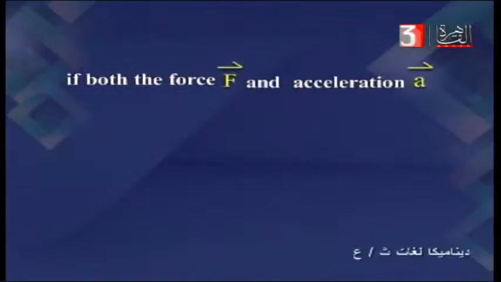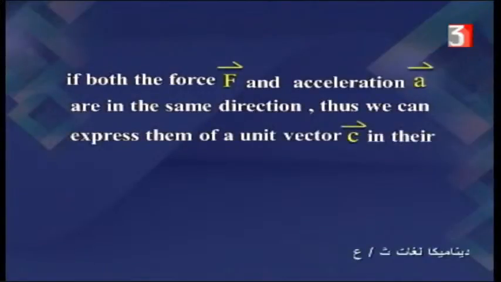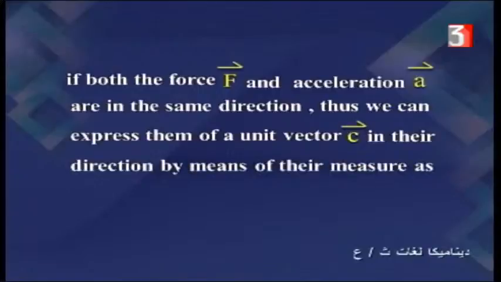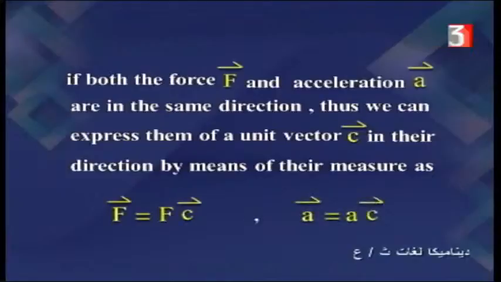If both the force F and the acceleration vector a are in the same direction, we can express them using a unit vector c in their direction, by means of their measure, as vector F equals F times vector c and vector a equals a times vector c.